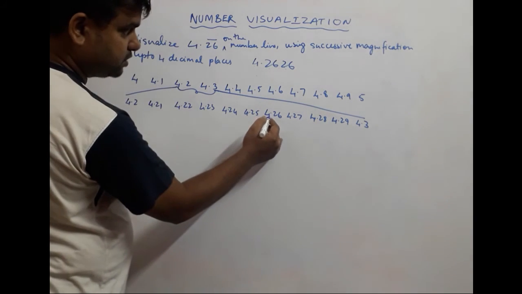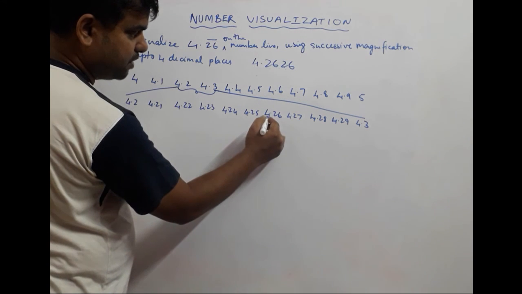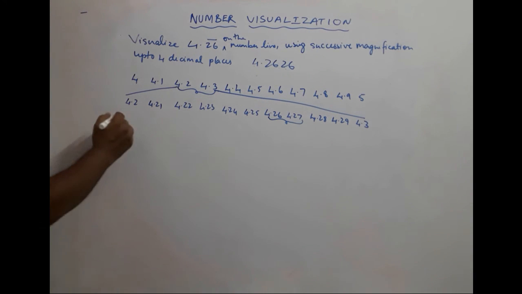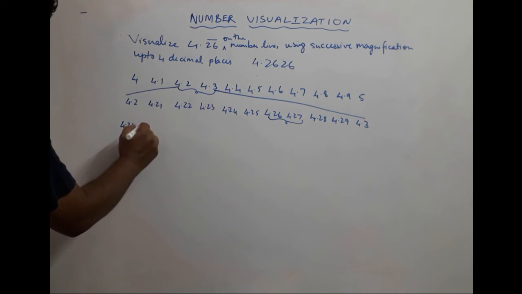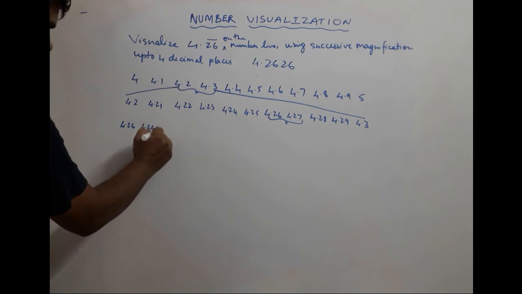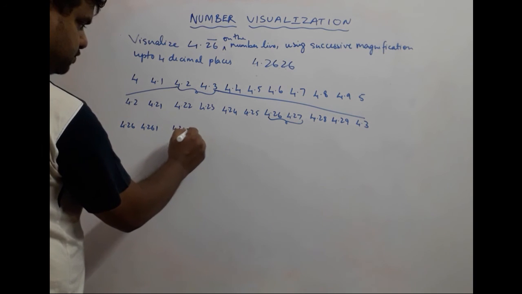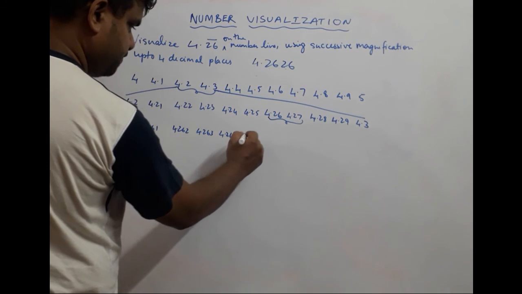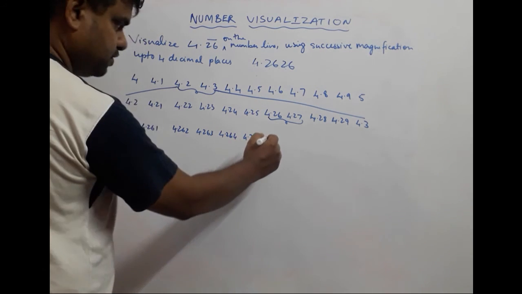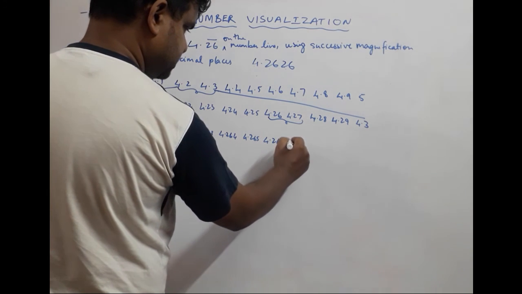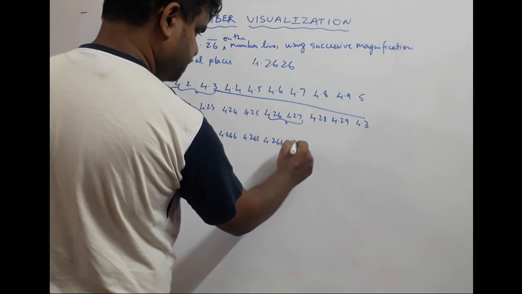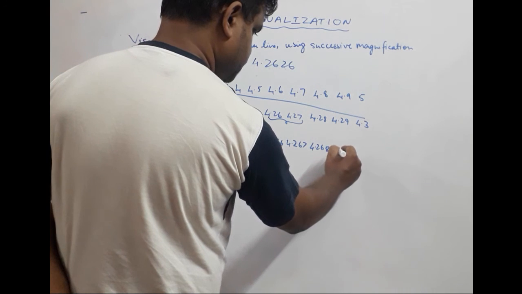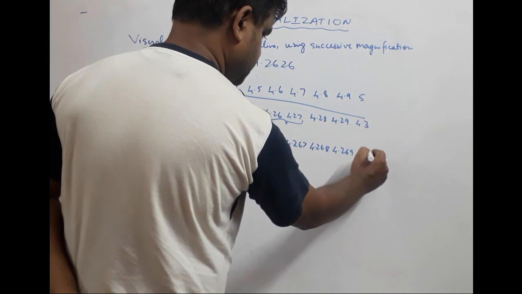Where will 4.262 lie? It will lie between 4.26 and 4.27. Then we'll put it down as 4.26, 4.261, 4.262, 4.263, 4.264, 4.265, 4.266, 4.267, 4.268, 4.269, 4.27.